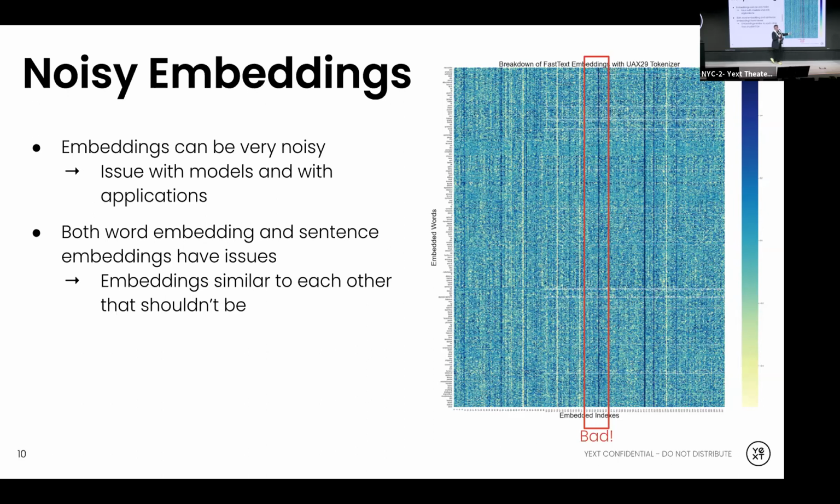And that's not good, because none of these should have the same number across all of their indexes. So that's really noisy. Another thing, just as a hint, heat maps are a great way to look at your embeddings and see if you have noise. There's a bunch of information here where you can very easily see that there's a problem.